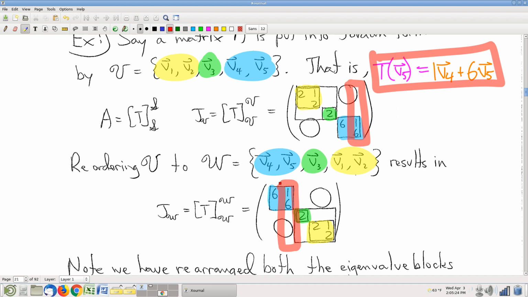Here, the input basis is script W. So this second column is telling me about the image of the second W vector. It's telling me about V5, just like the other one was. All right, so let's write that down. This is telling me T of V5.